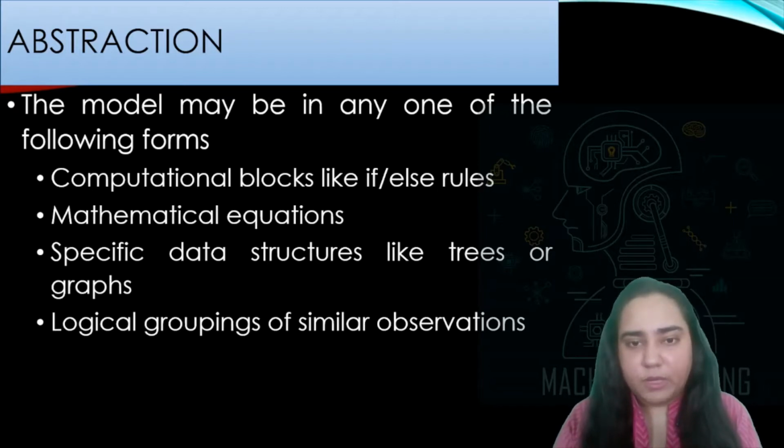If you were performing something like decision trees, where you want to use graphs or trees to make your decisions, then you could use that. You could also use logical groupings of similar observations. So just like what we did before, we grouped things based on similar observations, you could use that as well to perform abstraction.